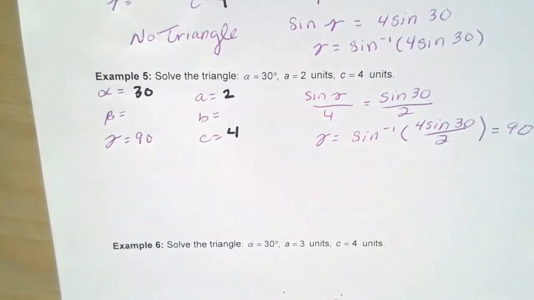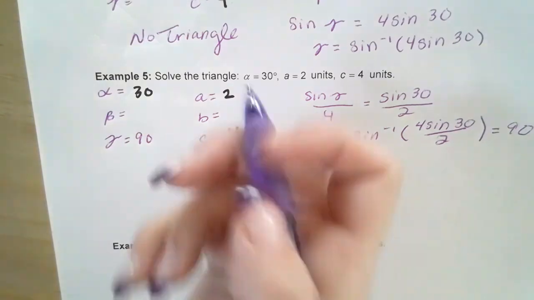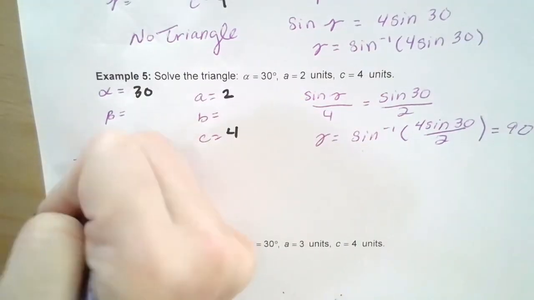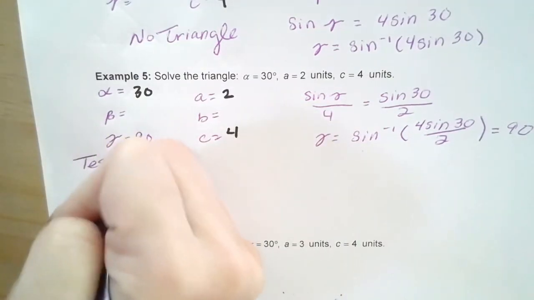Now this is usually where we will do our test. I'm going to do it anyways, but then let's talk about why we wouldn't have had to if we thought about this. So on the side, I'm going to put my test down.